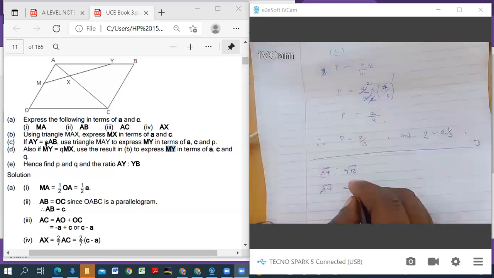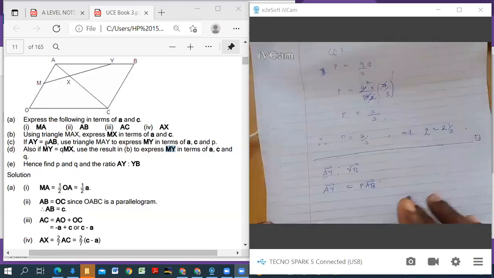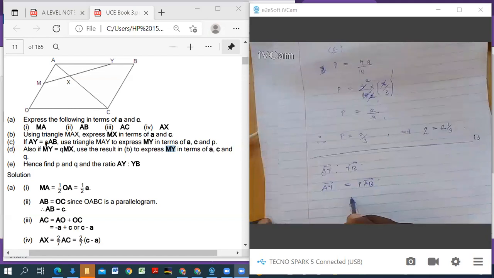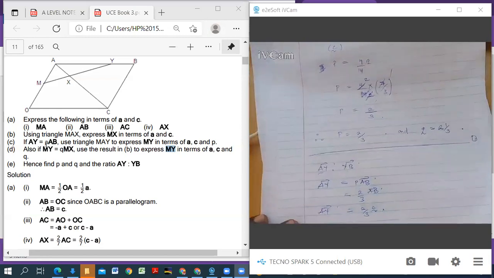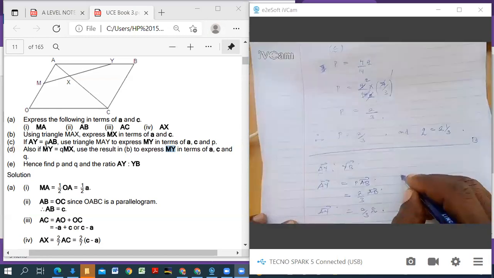AY is equal to P, A, B. But P, we found it is 2/3 AB, and AB is the same as OC. So AY is 2/3 C. Clear? That is AY.